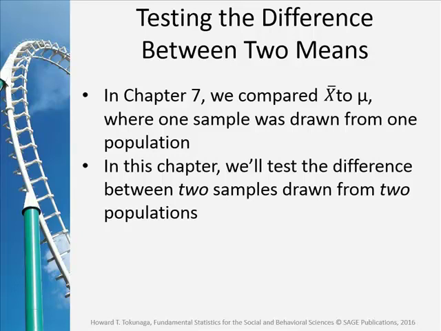So X male minus X female. There we go. This is going to have its own distribution. This is going to be like that population, or excuse me, like that sample mean distribution. Only now it's the difference of two distributions. Okay? The difference.